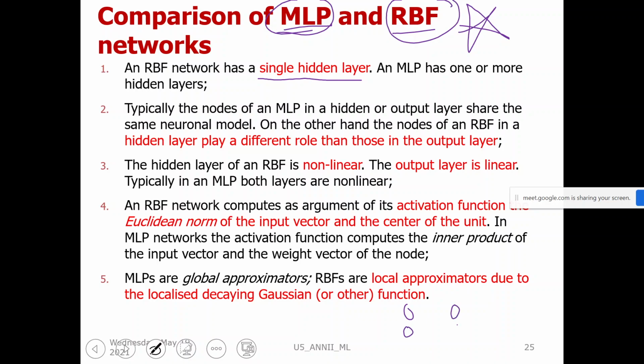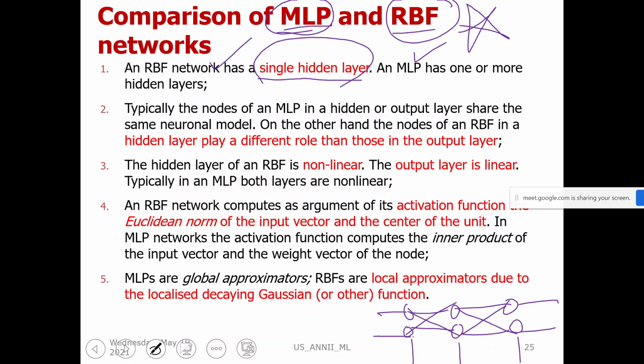Suppose I am taking 2, 2. This is a multi-layer perceptron, and this can also be an RBF, with the input layer, hidden layer, and output layer. But RBF has strictly one hidden layer, while MLP has one or more layers.